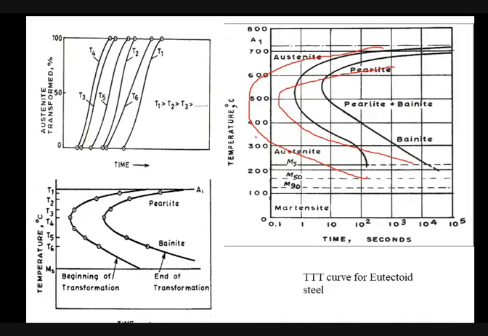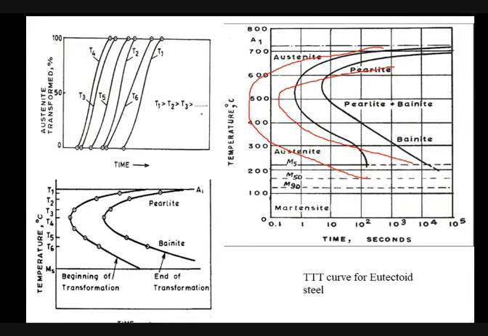So in order to form martensite, you need to cool the sample in less than 0. That is impossible. So in case of hypoeutectoid steel, you will not get martensite there. Similarly for hypereutectoid steel, the nose of the C curve crosses the y-axis. So it is very difficult to get martensite because it is not possible to cool the samples in negative time.